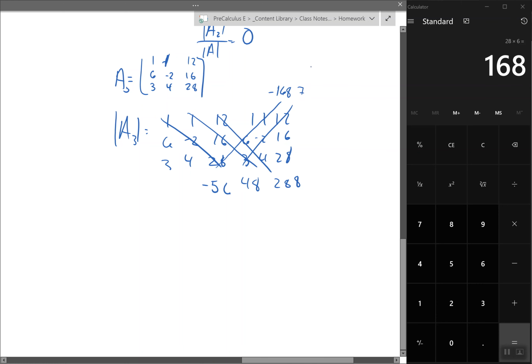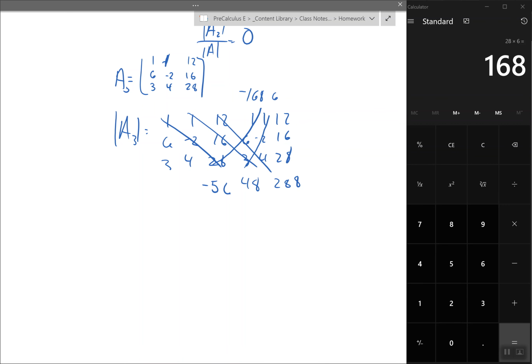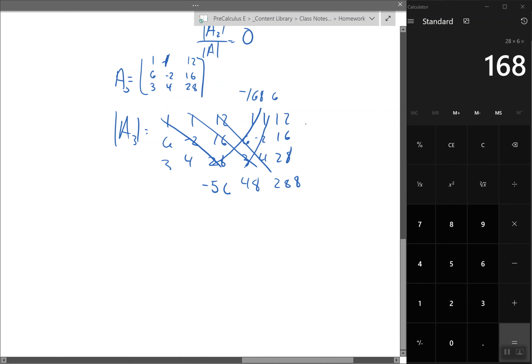Oh, I got all my numbers messed up here. This is what happens when you don't write very good. So the 28, 6, and 1 was 168, negative 168. Then it's 3 times negative 2 times 1, so it's positive 6, and then it's... I'm all sorts of messed up here.